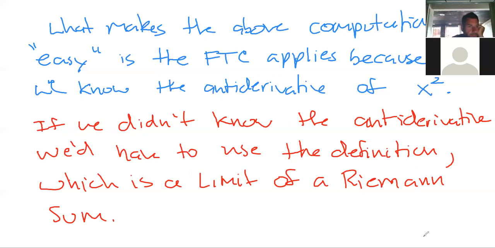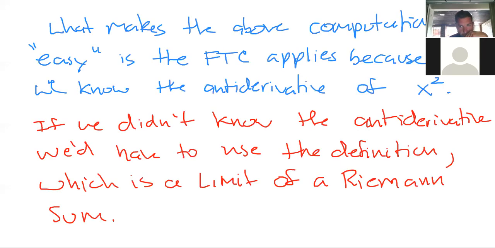By the way, it is worth pointing out, if for any other reason than to scare you, what the definition of an integral is. Remember, the definition of this for some function f is a limit that looks like this.